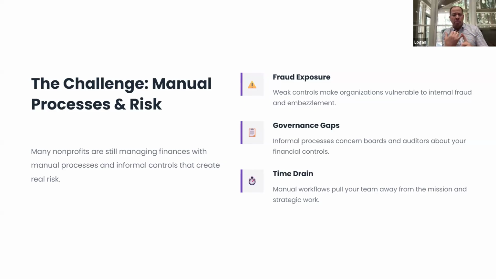There's fraud exposure. Those weak controls mean that there's the possibility of internal fraud and embezzlement. There are governance gaps caused by manual processes, and it creates concerns with your board or your auditors.